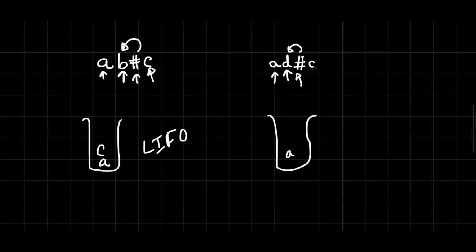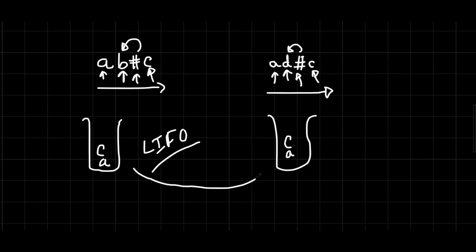Now we are at the last character, which is C, so we add C into the stack. By utilizing the stack property, we have completed parsing both strings. Now we check whether the contents of the stacks are equal. Both stacks are exactly identical, so in this case, we return true.